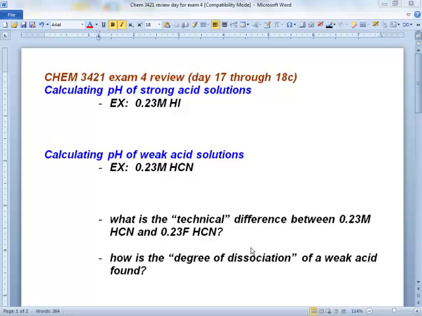Now, ice table's right, but ice tables always need a reaction. What reaction would you write? The Ka reaction, right? And you have to be given the Ka. I don't have those memorized, but you have to write the Ka reaction and do ice. Good.